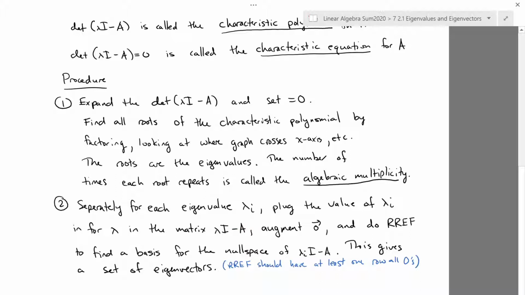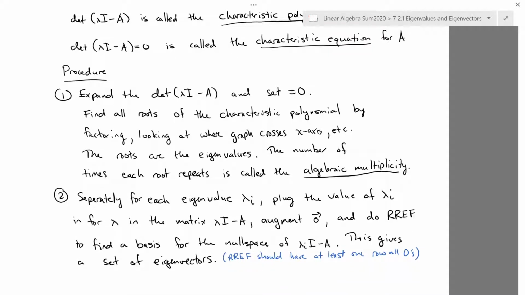So you plug the eigenvalue into this matrix, and we're looking for the null space. That means you augment the 0 vector to the matrix, and then we do the row reduced echelon form, and from there we can find a basis for the null space, and this will give us a set of linearly independent eigenvectors.